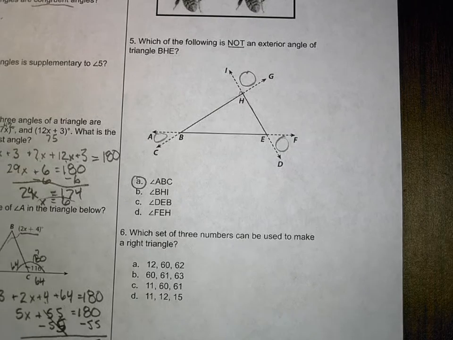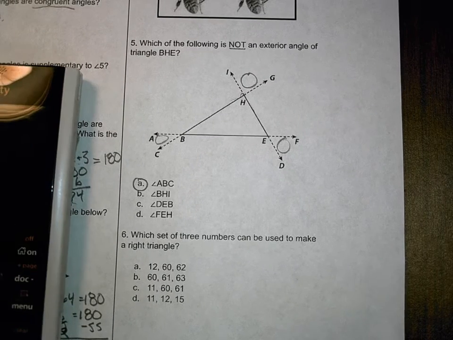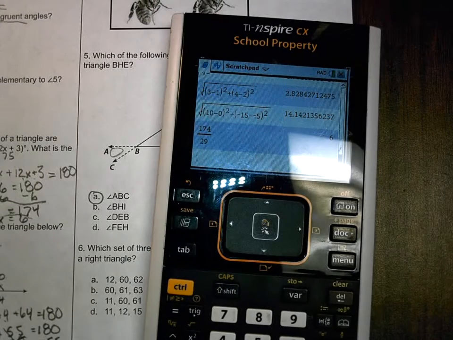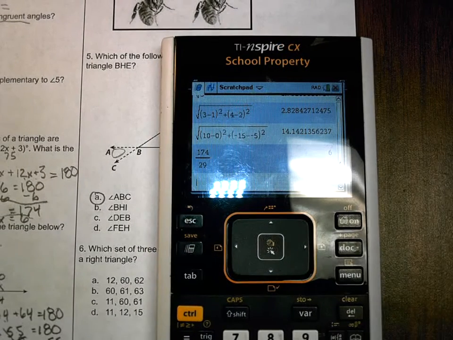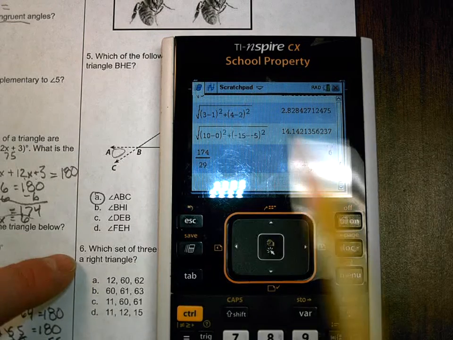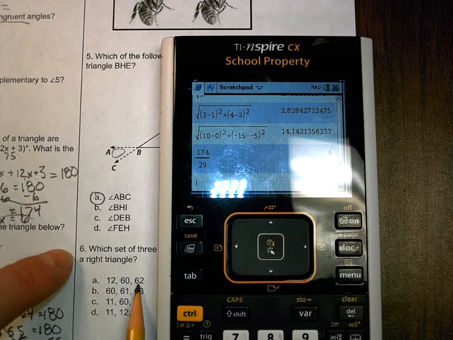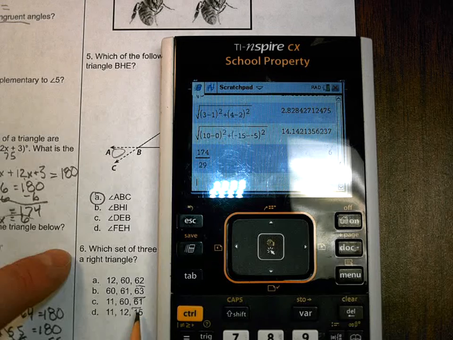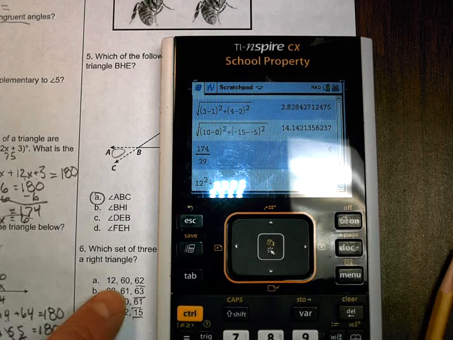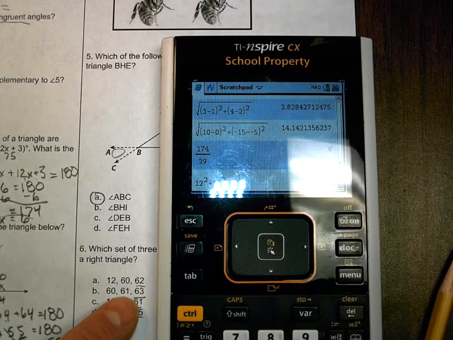Number 6. Which set of three numbers can be used to make a right triangle? So this comes back to your calculator, and you're going to put them in and do the thing. Remember, a squared plus b squared equals c squared. C is always the largest number, and these have been kind enough to have all the hypotenuses at the end. So I'll start at the beginning. 12 squared plus 60 squared equals 62 squared.